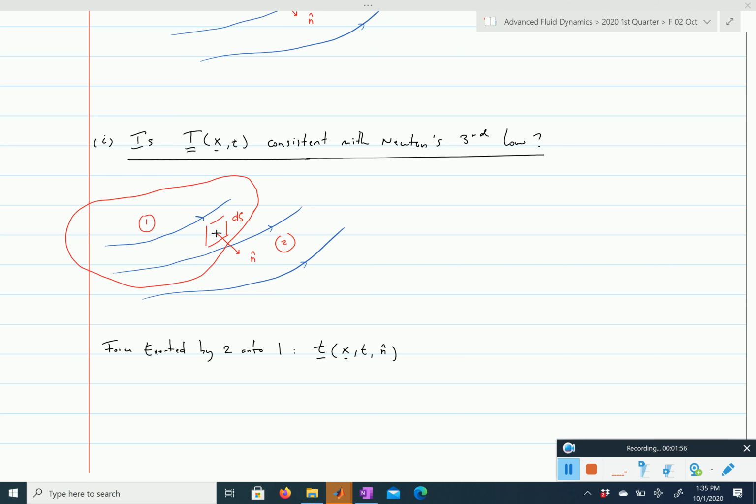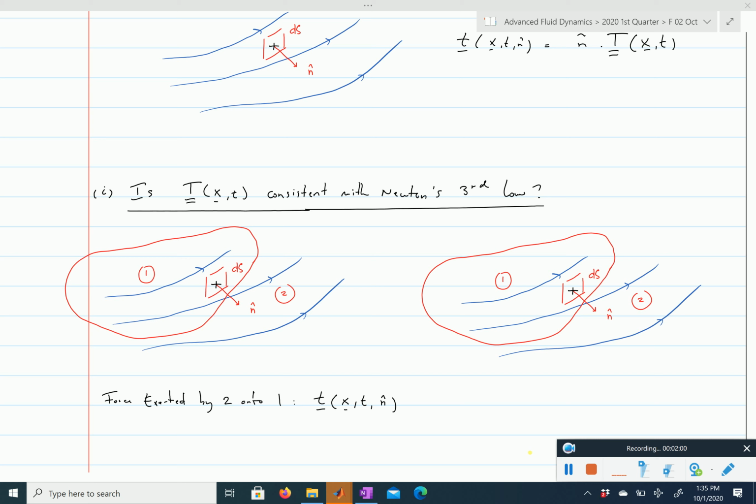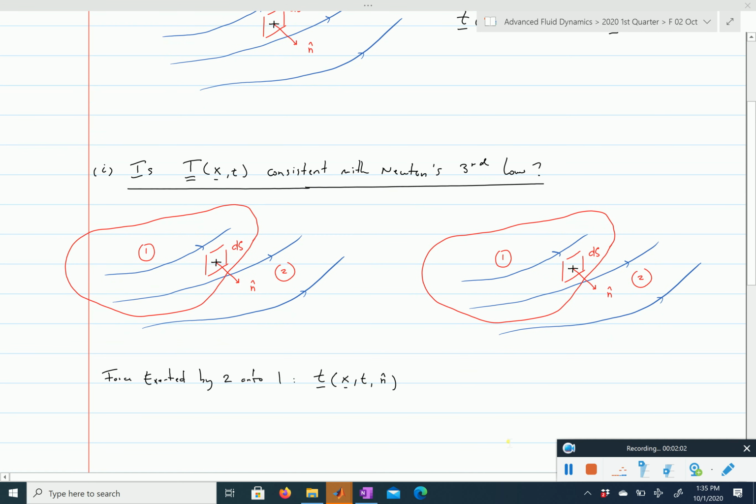But now, of course, given the same surface dS, I may want to look the other way around. Instead of looking at the force exerted by 2 onto 1, I may want to look at the force exerted by 1 onto 2. That would be if I now looked at this different control volume, which would be like this, for instance. In that case, our vector pointing outside of our control volume would be pointing in the opposite direction.